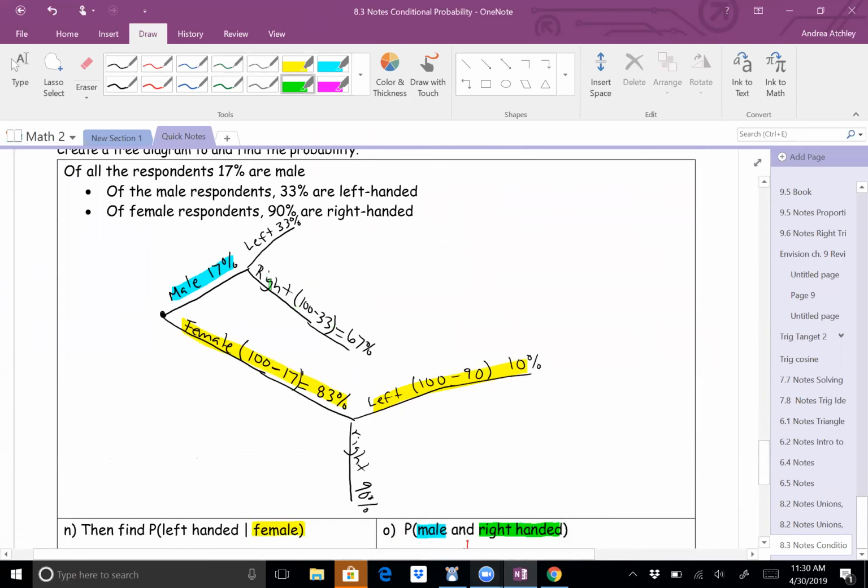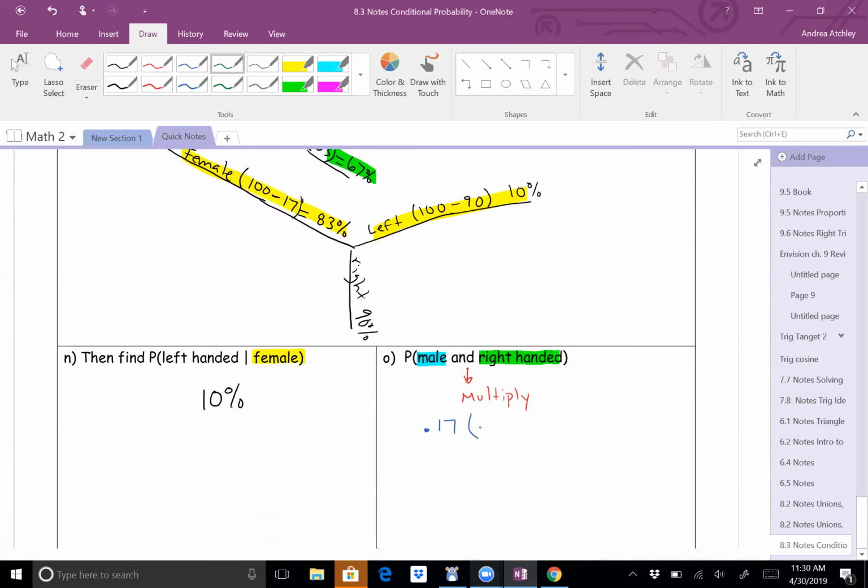So what was the probability of the male being right-handed? 67%. So we're going to times that by 0.67. So it's 0.1139. Okay, I move my decimal over twice, and that's going to be 11%.